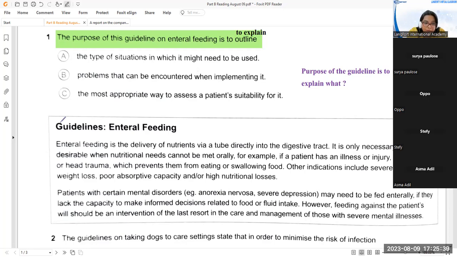Okay, all right. Surya, can you read the heading until here for me, please? Okay, ma'am.